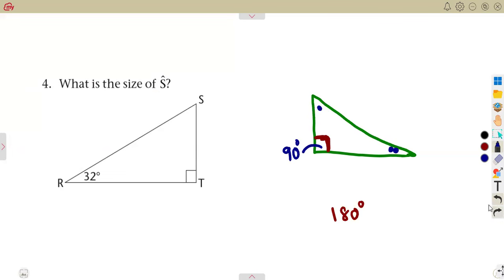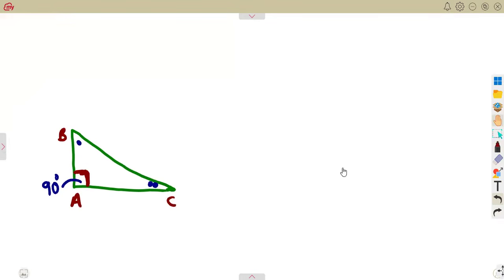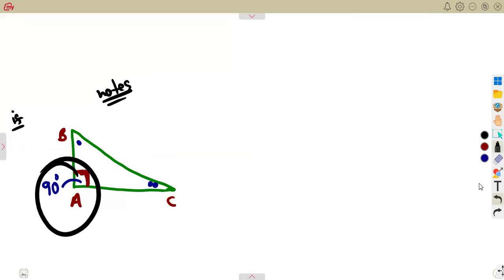Let's say this is A, B, C. I'm just giving an example here. What is important? You must put this in your notes. If you are given this triangle ABC, and it's a right angle triangle, already we have 90 degrees here.